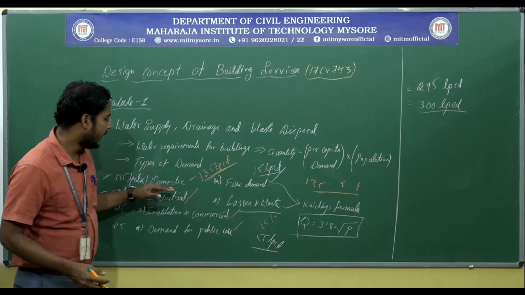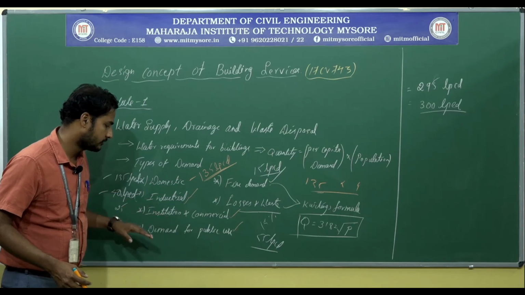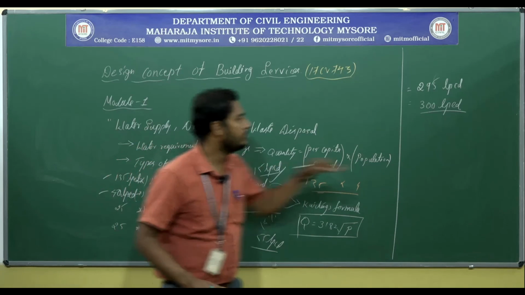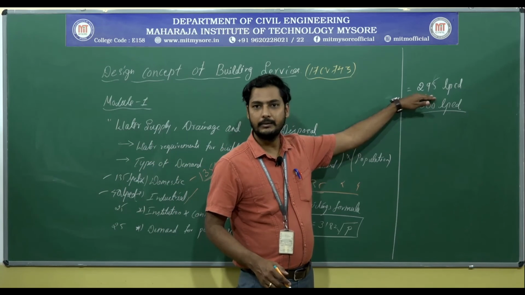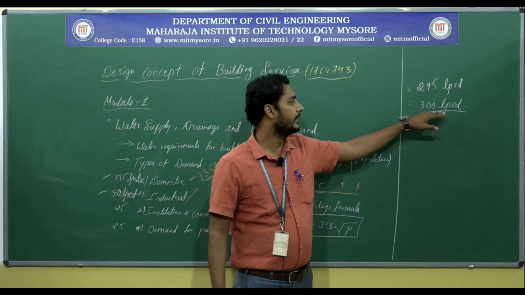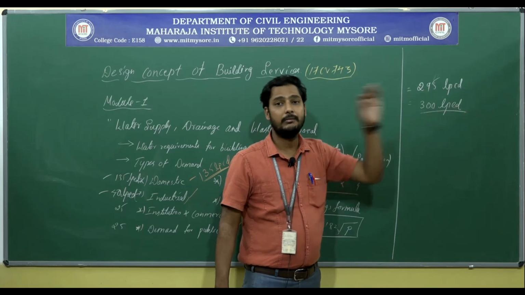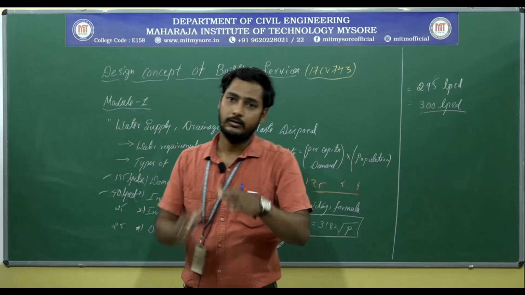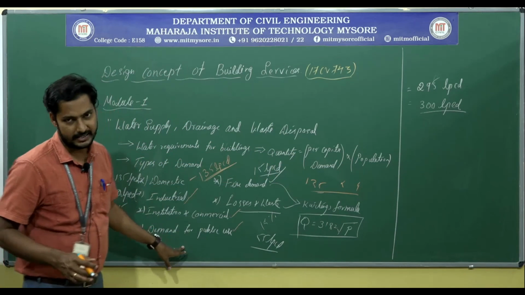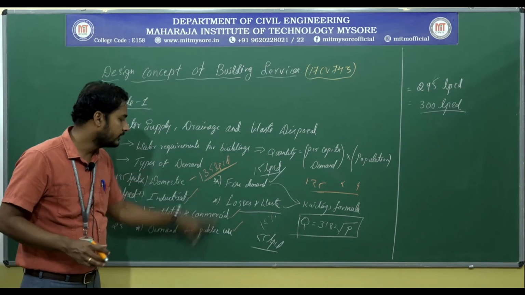By adding domestic, industrial, institutions, public demand, fire as well as losses, you come across around 295 liters per capita per day on average. Approximately we can say 300 liters per capita per day will be the total water requirement for all these demands.